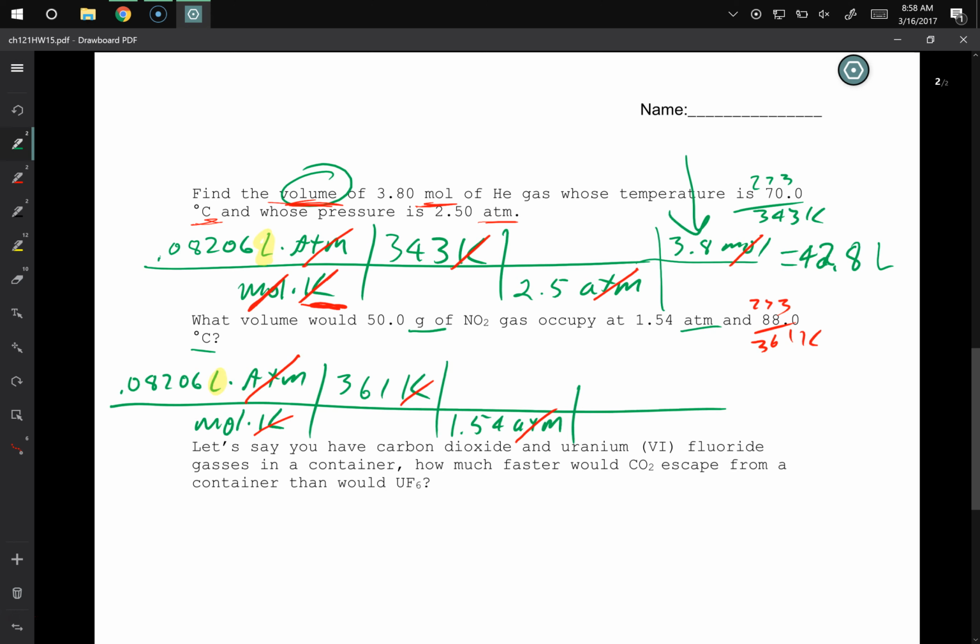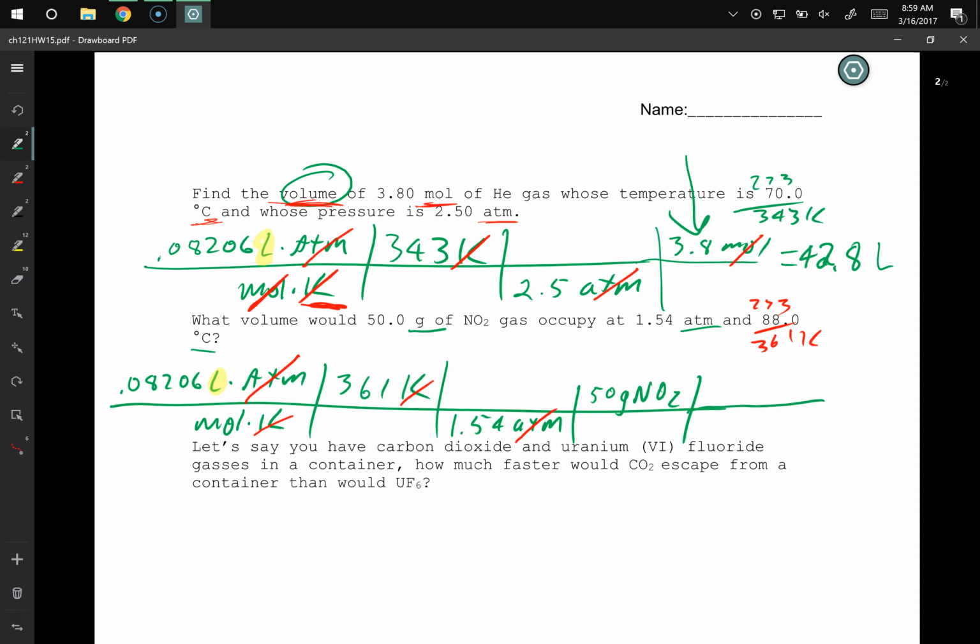So I need to get rid of that mole unit, but I have grams. So I'm going to go ahead and act like the grams can cancel it out by writing 50 grams of NO2 right here. But that 50 grams can't get canceled out by that. It's 15.9994 times 2 plus 14.6. And so what do I need to do next?